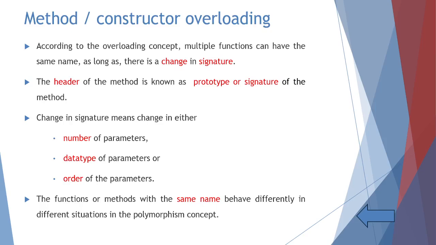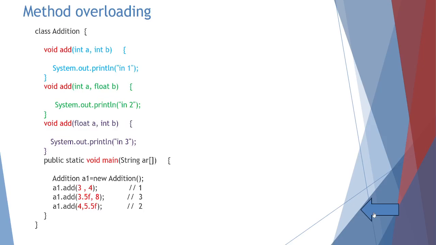Now, the methods with the same name behave differently in different situations in the polymorphism concept. For example, class addition has three methods. All of them have add as their name. Now, void add, return type is there, so not a constructor. The first add method has two integer parameters, the second int and float.